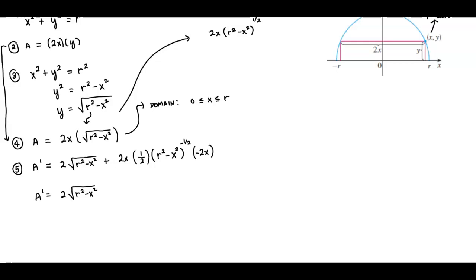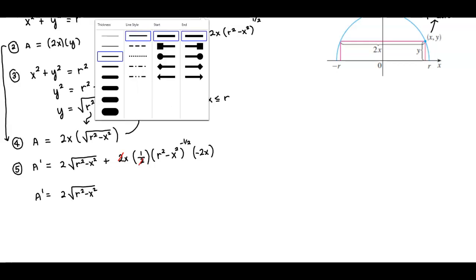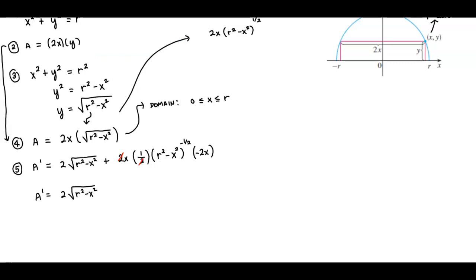Some of the things that we can simplify here is that that 2 and that 2 can be simplified. And so we can then take negative 2x times x, which is going to give us negative 2x squared, and then in the denominator we can write the square root of r squared minus x squared.